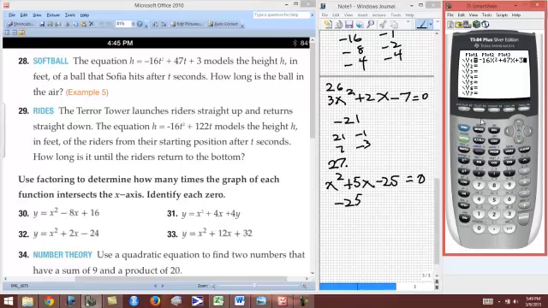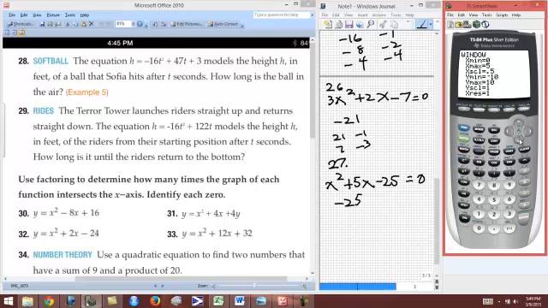Now let's look at our window. Obviously we're going to start at 0. Now, we don't want to set it to just a 3 because we're going to have to do some calculations there. So let's make it 5. For the scale, just for the heck of it, let's make it 0.5.